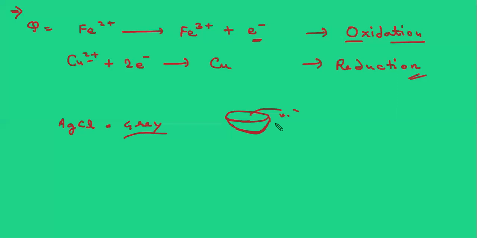Because when we are heating it up, copper combines with the oxygen, because heating means oxidation. They combine with oxygen, so they will form copper oxide. So that black substance is copper oxide. When the copper reacts with the oxygen, it will form copper oxide, which is black in color. It means oxidation of copper has taken place.